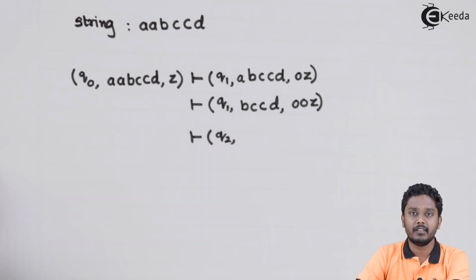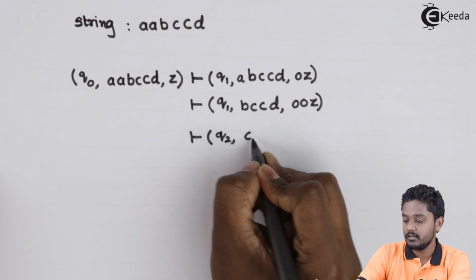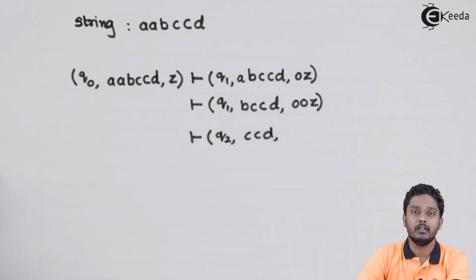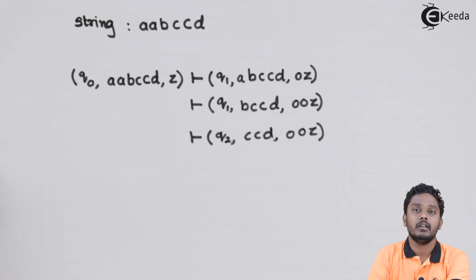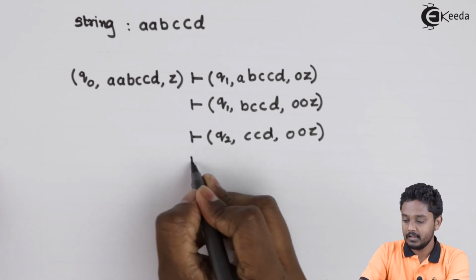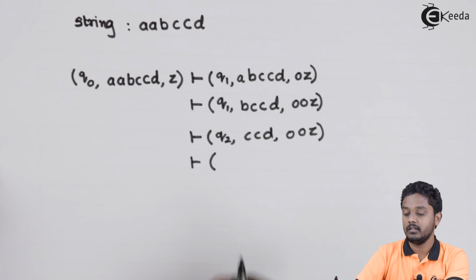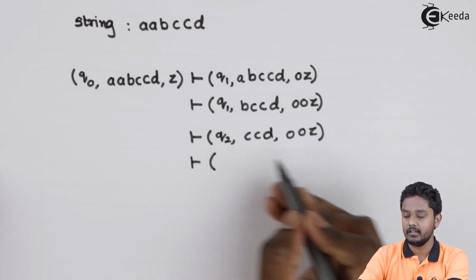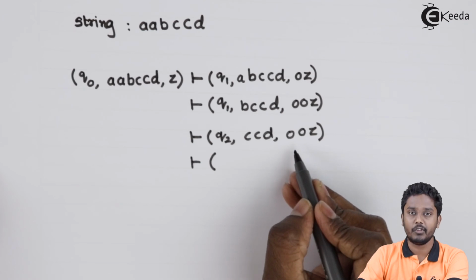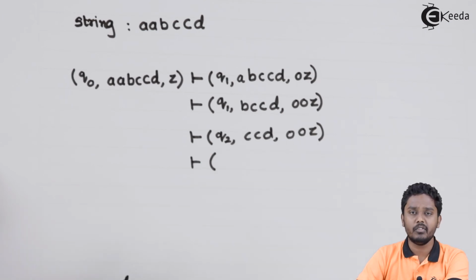The string left out is CCD, keeping 0 on the stack as it is. Now, let's do the next transition. We have state Q2 and we are seeing symbol C and the top of the stack is 0. So the operation to be performed is popping off along with moving to the next state.